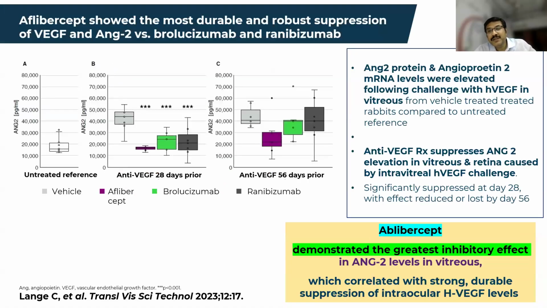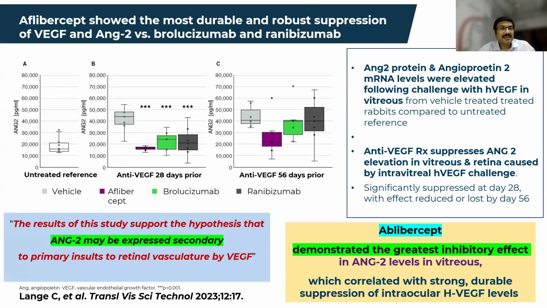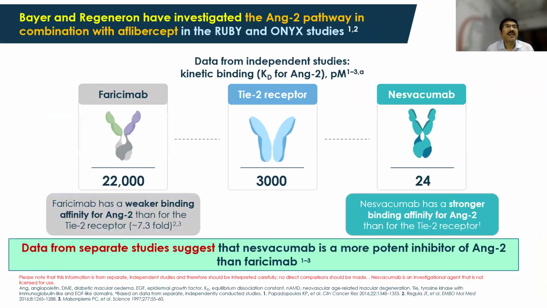Aflibercept demonstrated the greatest inhibitory effect on Ang2 levels in the vitreous, which correlated with strong, durable suppression of intraocular human VEGF levels. The results of this study support the hypothesis that Ang2 may be expressed secondary to primary insults to the retinal vasculature by VEGF.